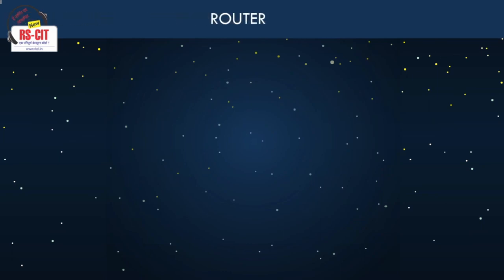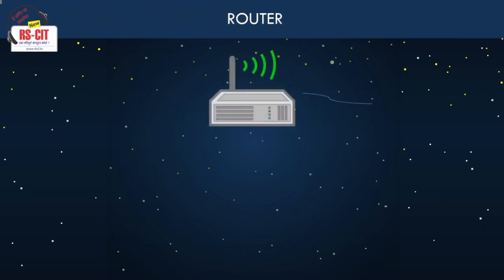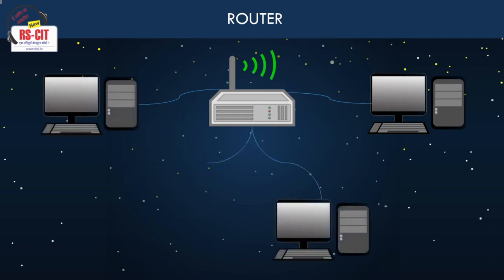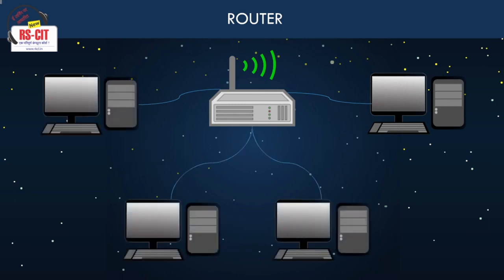Router. A network router is quite different from a switch or hub, since its primary function is to route data packets to other networks, instead of just the local computers. A router is quite common to find in homes and businesses, since it allows your network to communicate with other networks, including the internet.